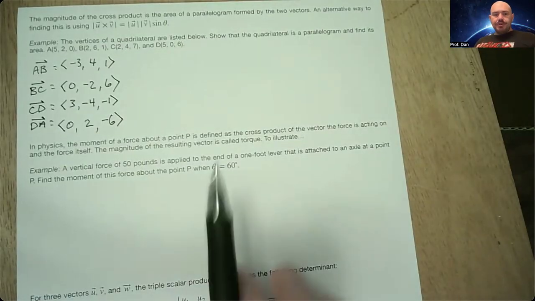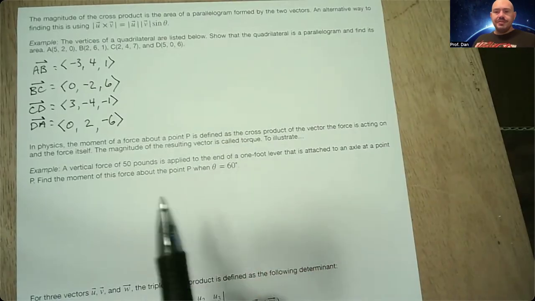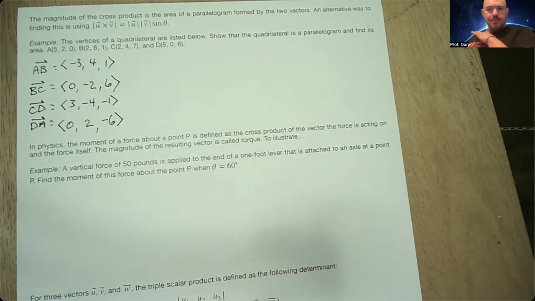So addressing the first part, we want to show that this quadrilateral is a parallelogram. What do you remember about parallelograms? One of the most fundamental properties of a parallelogram, the way it gets its name, is that pairs of sides are parallel to each other. So parallel vectors. Remember, how do I know if two vectors are parallel to each other? One is a scalar multiple of the other.